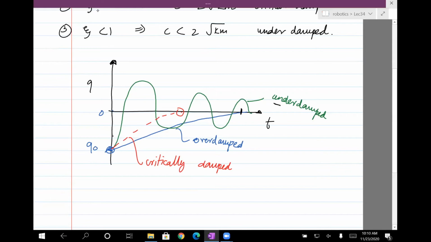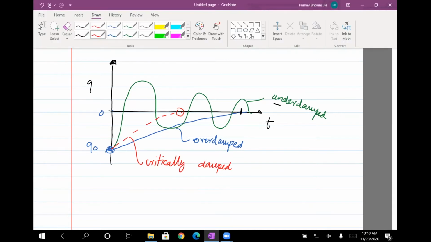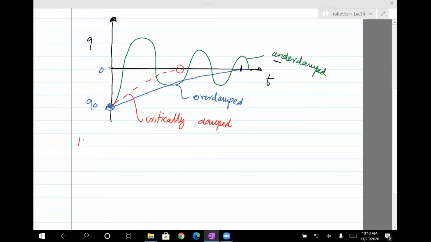So our goal in controlling a system is always to try to get the system to be critically damped. Okay, and why is that so?